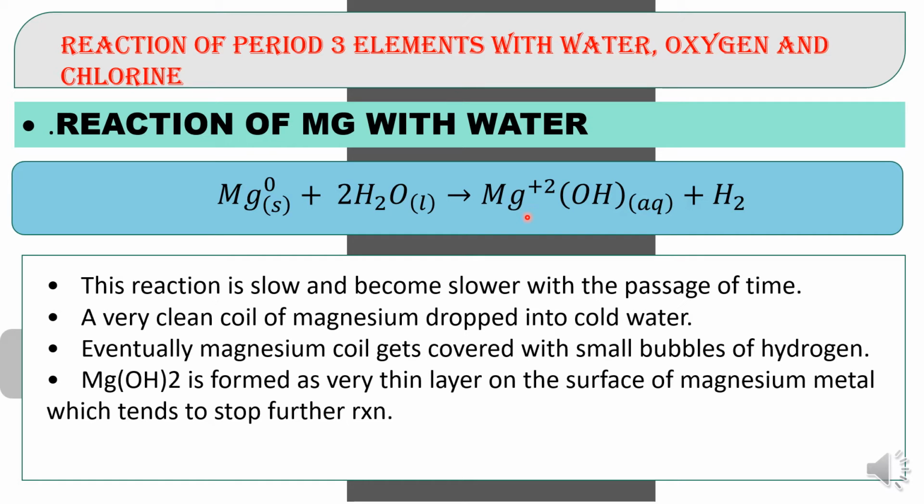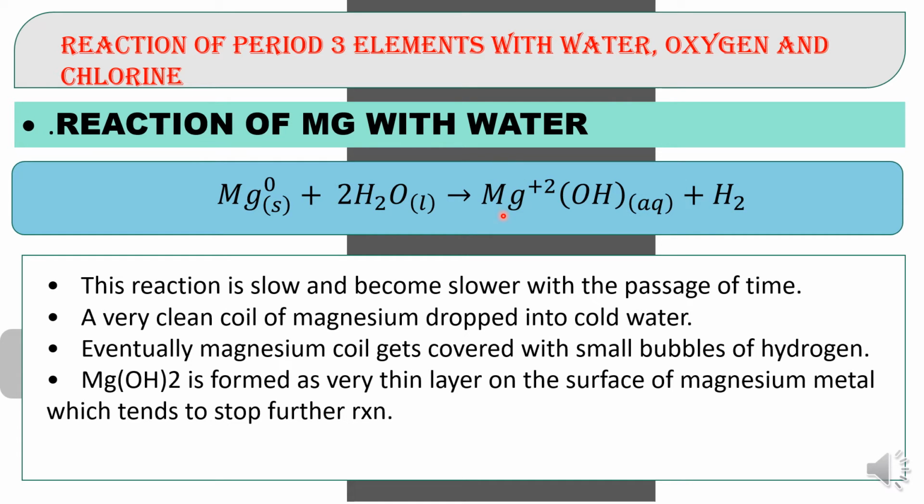Okay, so you guys can see here the third point, eventually magnesium metal gets covered with small bubbles of hydrogen. Okay, and magnesium hydroxide is formed as a very thin layer on the surface of magnesium metal, which tends to stop further reaction. So one thing you guys should keep in your mind, that here in reactants magnesium oxidation state is 0, and in product magnesium hydroxide the magnesium oxidation state is +2.